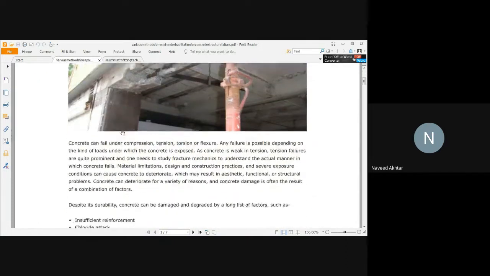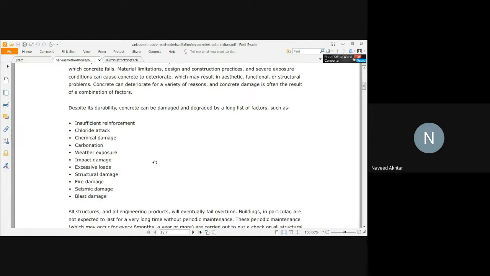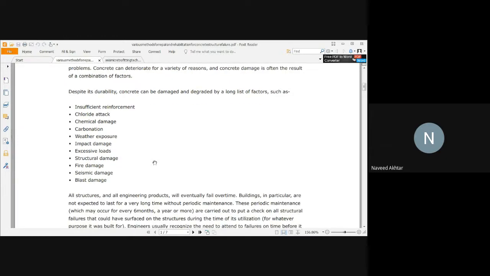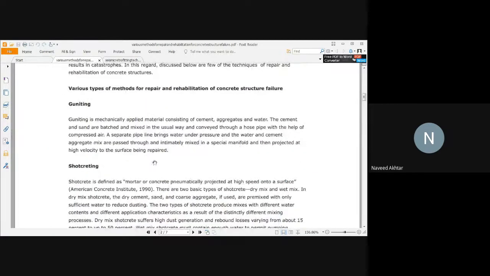Many of them we have already discussed, and that is due to durability issues, damage, deterioration or degradation from chloride attack, chemical damage, weather exposure, silica aggregate reaction, impact damage, excessive load on the structural element, and also structural damage due to seismic activity, blast or terror activity.